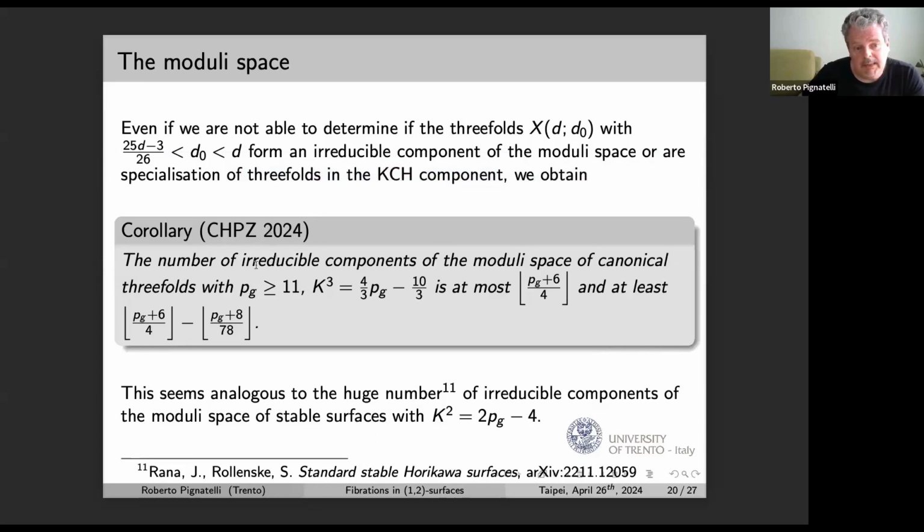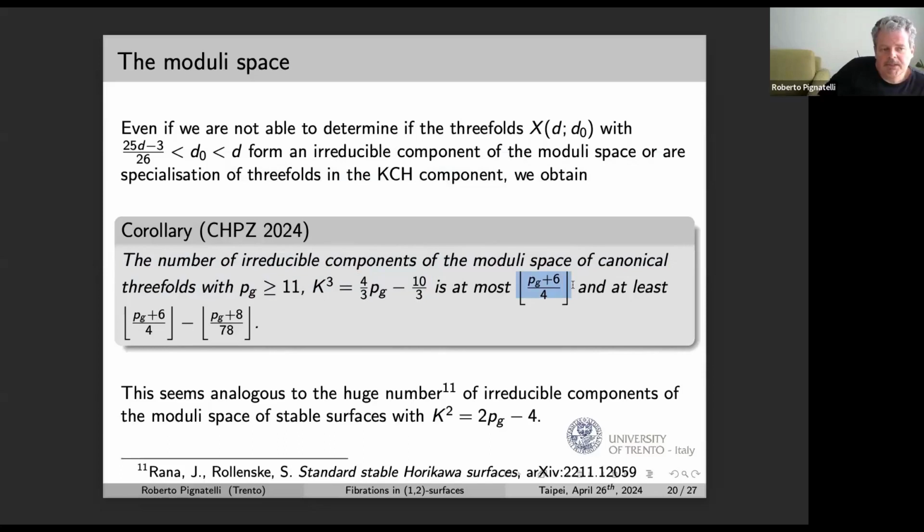So what we obtain is that the number of irreducible components of the moduli space of canonical threefolds with PG bigger than 11 and K cube equal to 4/3 PG minus 2/3 is essentially the integral part, rounded down, of (PG plus 6) over 4.